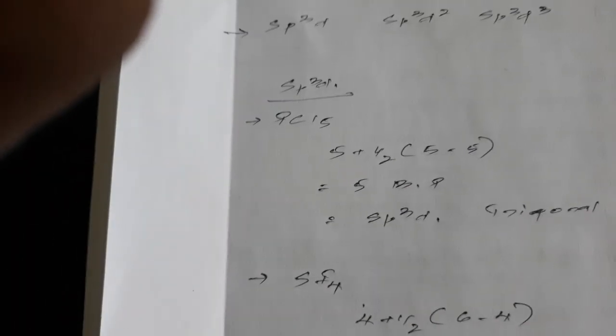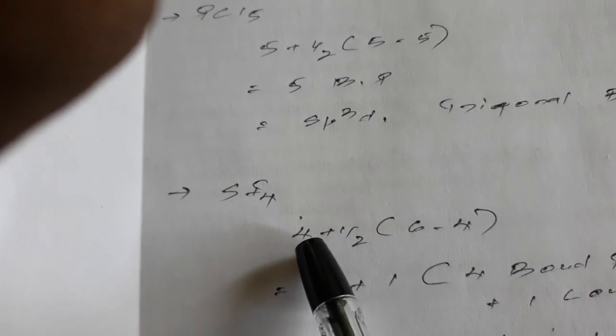And another example, SF4, where we follow the same pattern: surrounding fluorine 4 fluorines plus half of the valence of sulfur, which is 6, minus the 4 surrounding monovalent fluorine atoms.